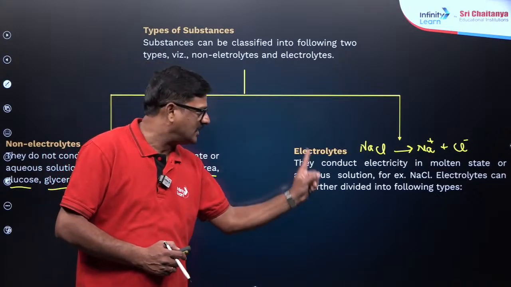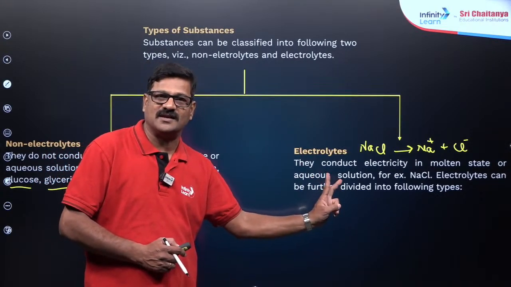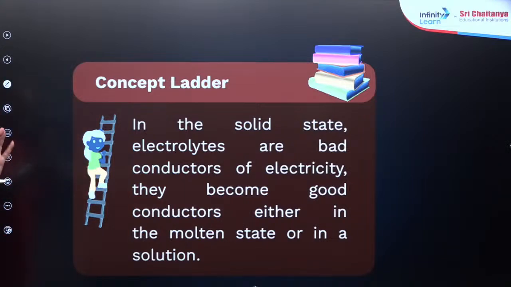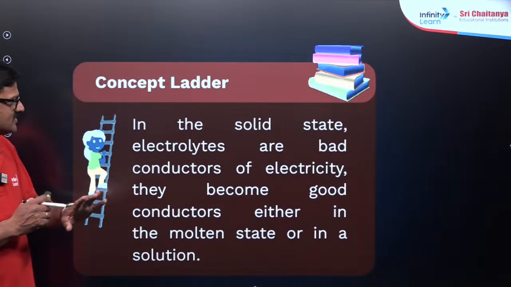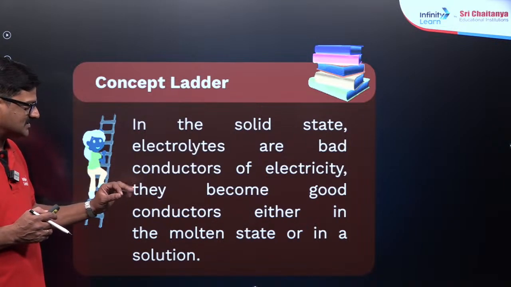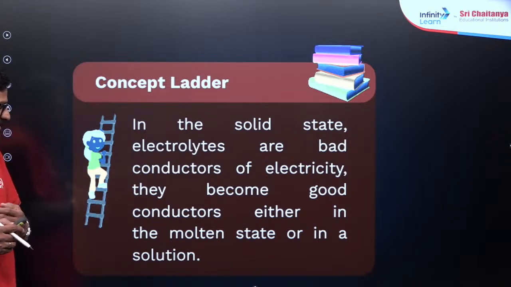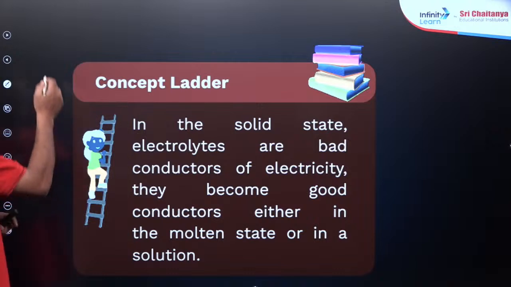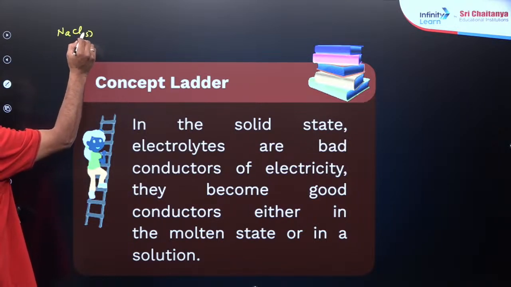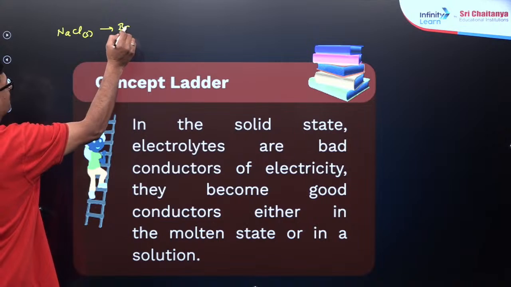And you have the electrolytes. These electrolytes are again of two types. Let's discuss the concept ladder. In the solid state, electrolytes are bad conductors of electricity. They become good conductors either in the molten state or in solution. Sodium chloride in the solid state is a bad conductor.